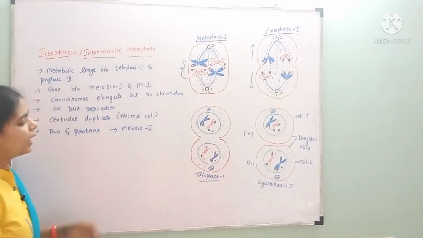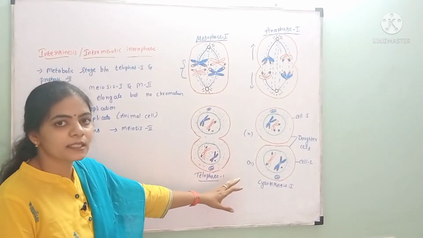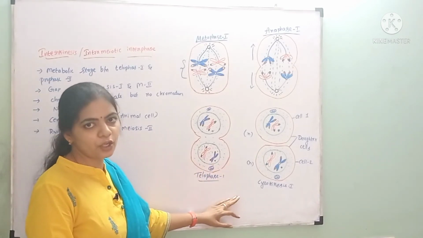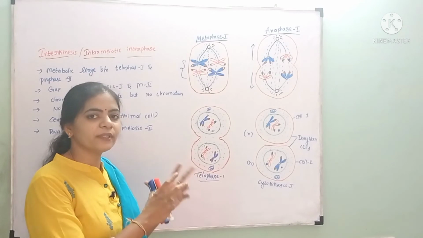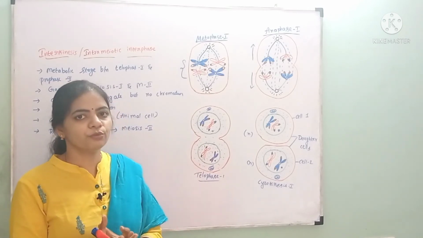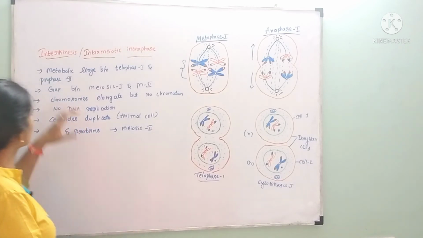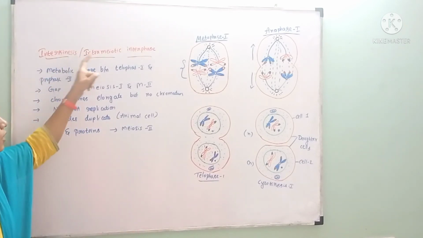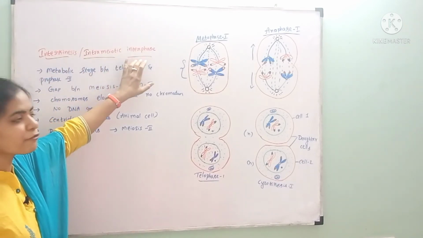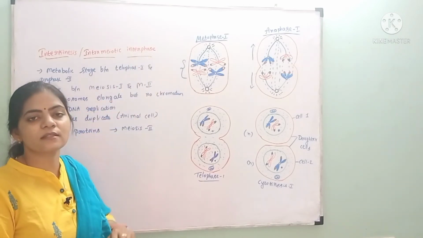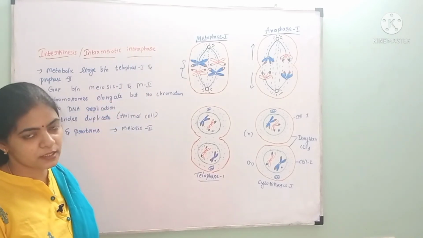After completion of this, the cell has to enter into Meiosis-2. But between Meiosis-1 and Meiosis-2, there is a short gap. That gap is called interkinesis or intrameiotic interphase.